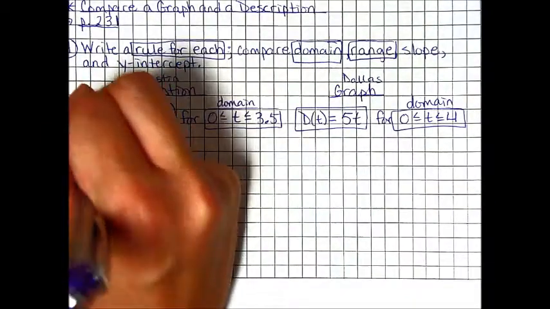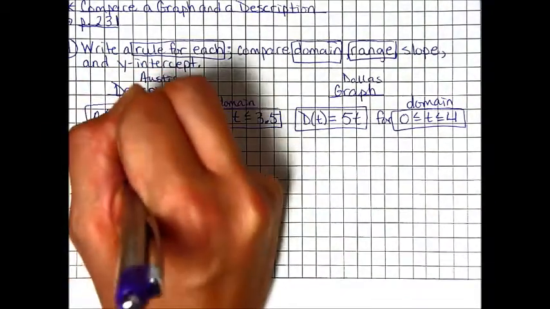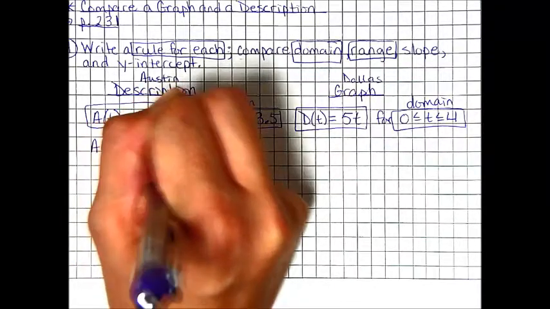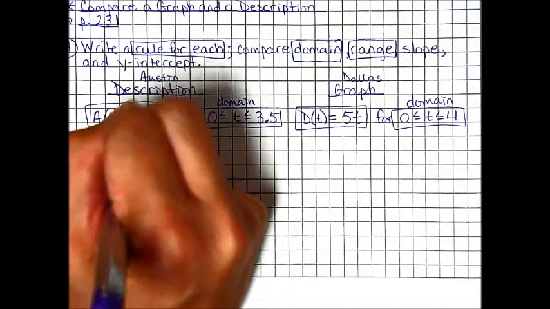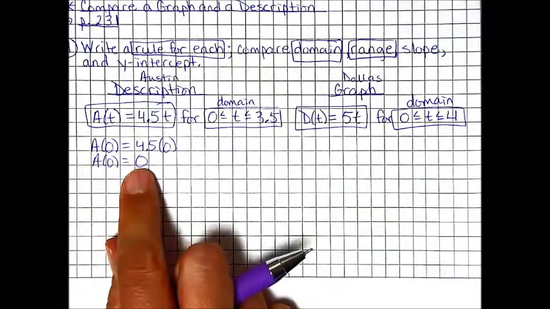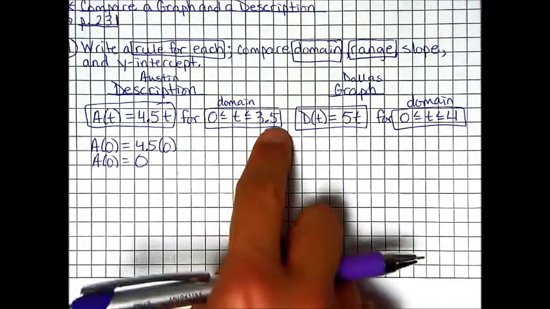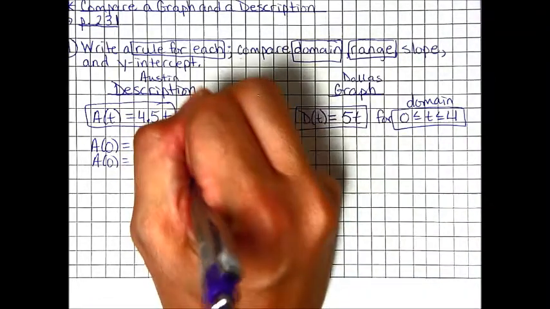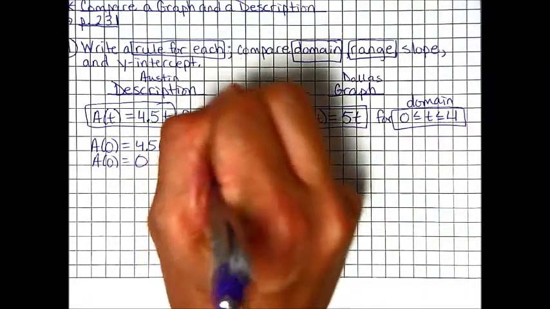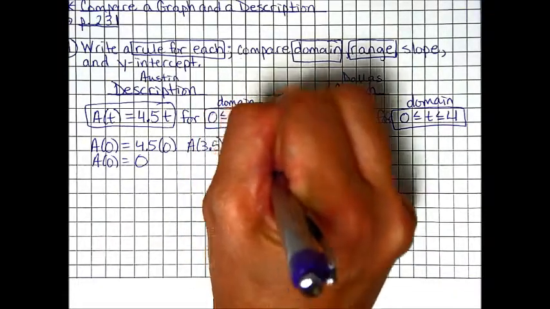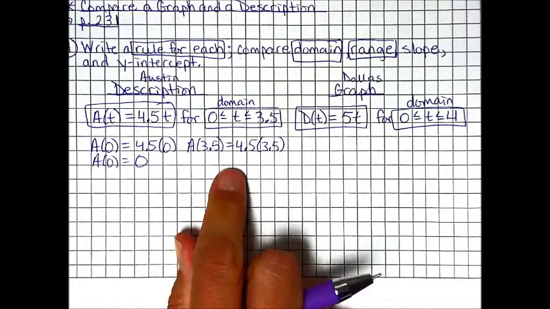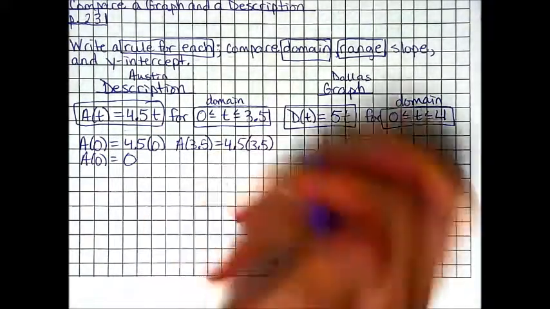So if I did A of 0, guys, if it rains for 0 amount of time, you know how much rain I have? 0 millimeters. But after that full 3.5 hours of rain, A of 3.5, if I do 4.5 times 3.5, I've accumulated some rain.